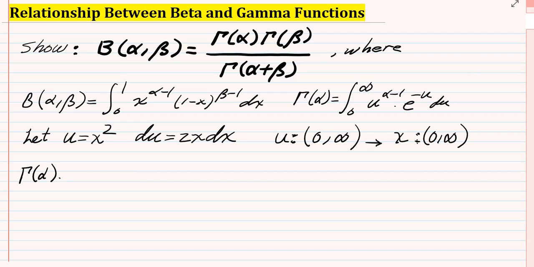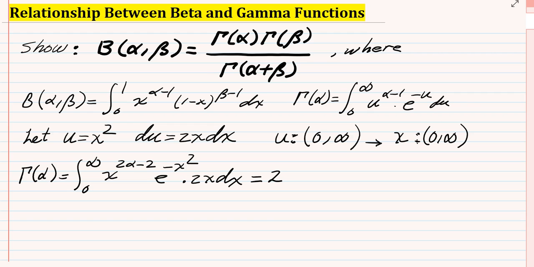Next, I'm going to write gamma of alpha using our new transformation: integral from 0 to infinity of x to the 2 alpha minus 2, e to negative x squared, times 2x dx. Okay, and then likewise we can do gamma of beta in just a moment, but let's simplify this one for now.